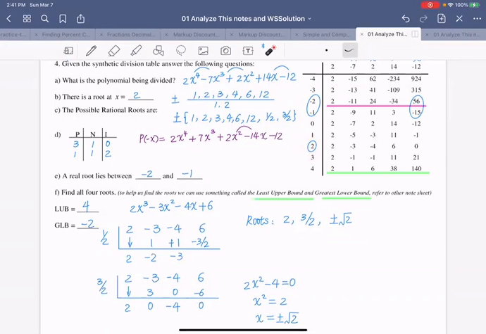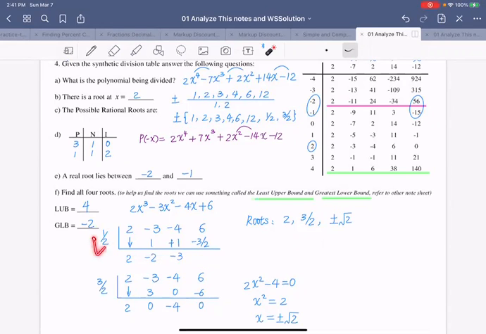So you can list 2, -3, -4, and 6. You know you have roots from here to here, and this is your PRR. So what you can do is try those values to see which one makes this part 0.